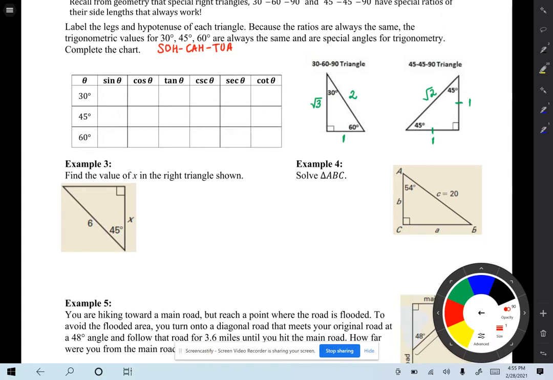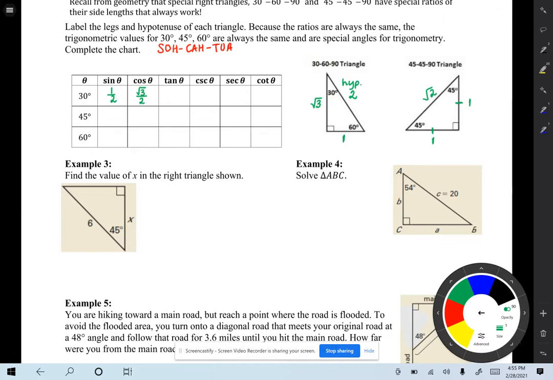So the sine of 30 degrees is opposite over hypotenuse. The opposite leg is 1 over the hypotenuse, 2, so 1/2. Okay. Cosine of 30 is adjacent over the hypotenuse. So square root of 3 is its adjacent leg over the hypotenuse, which is 2.